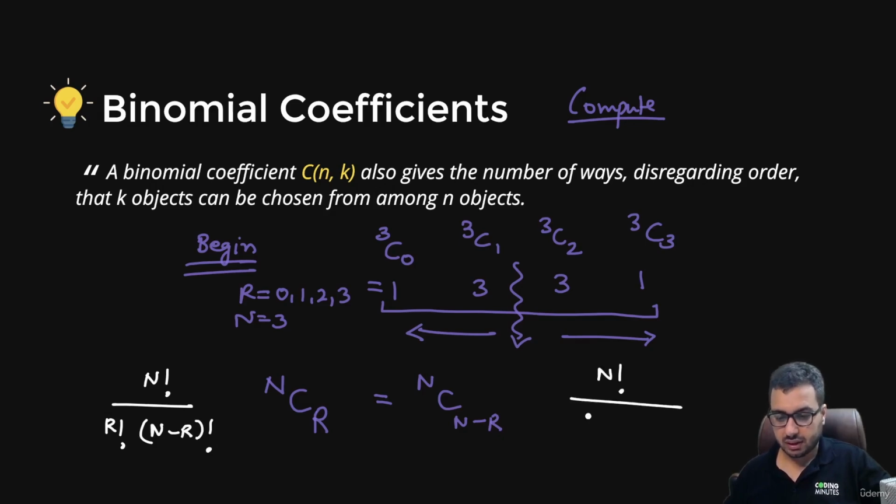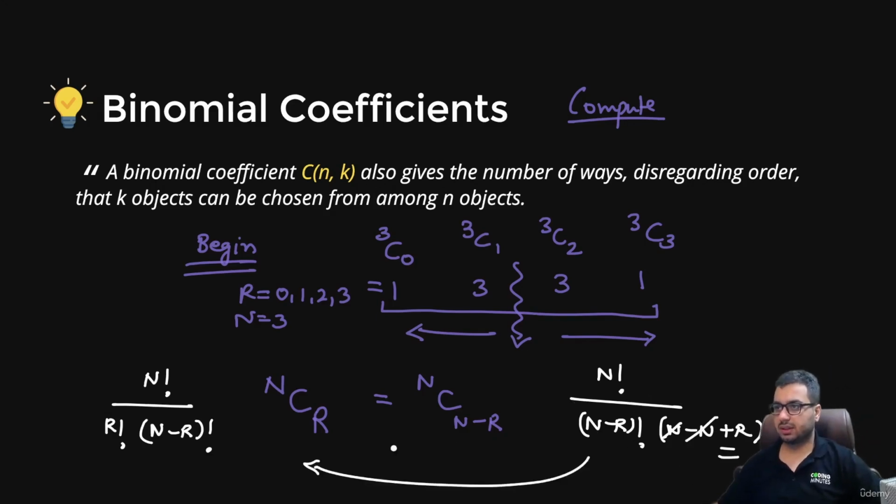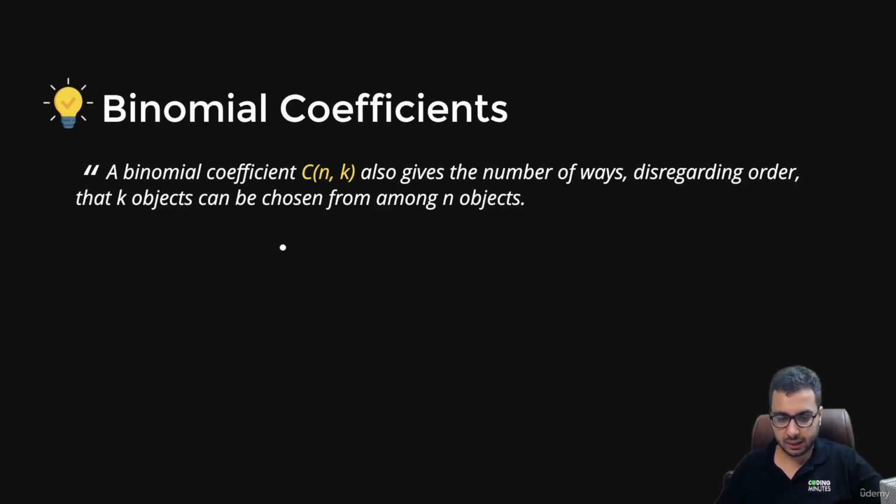It is n factorial divided by (n minus r) factorial, divided by (n minus (n minus r)) factorial, that is r factorial. Now if you look carefully, these two are the same. That means these binomial coefficients are symmetric. That is one thing. So we can say nCr is the same as nC(n minus r).